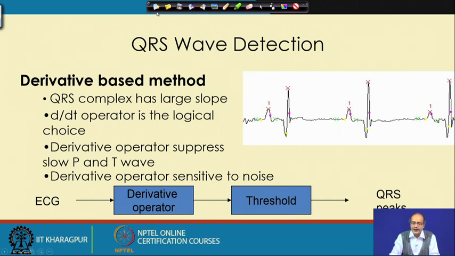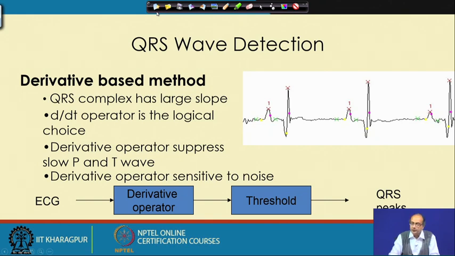So, if we can catch the QRS complex, with respect to that we can find out the other events. First we look at the QRS complex, and for that we take the derivative operator.